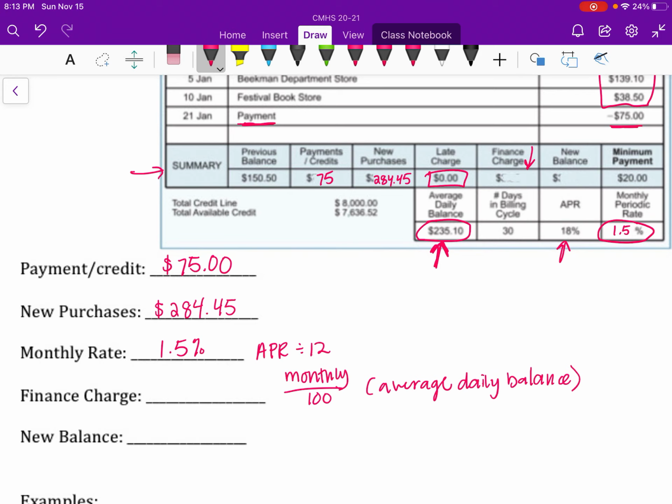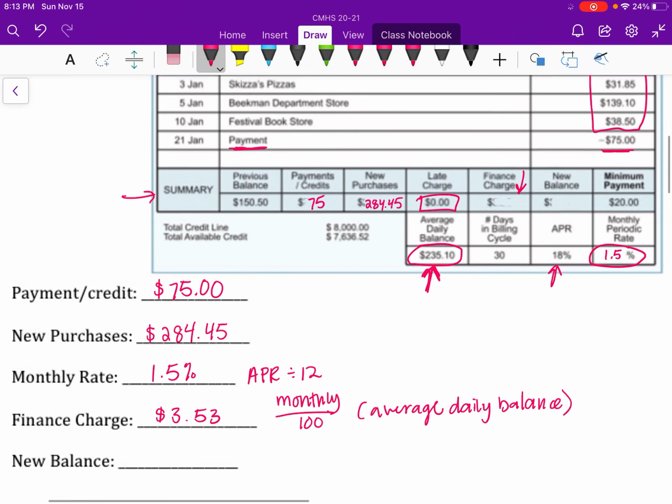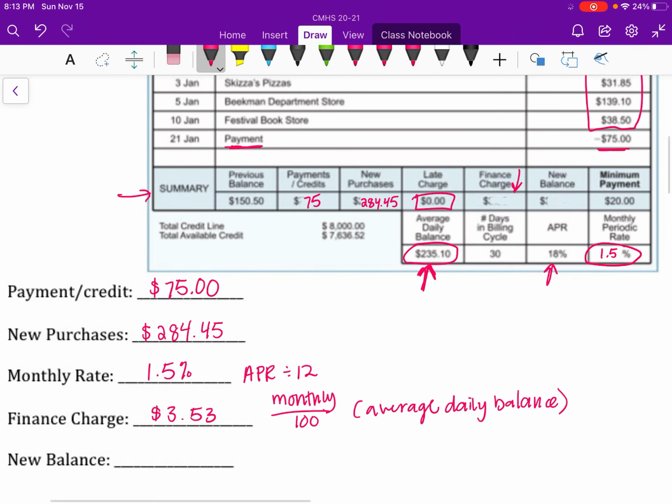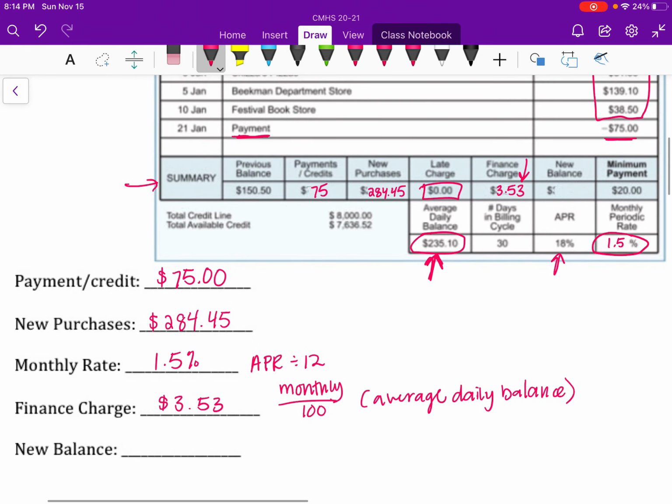So the monthly rate is 1.5 over 100 times 235.10, and that is $3.53. So pretty low finance charge. Remember, that is the interest plus late fees plus anything else. So I'm going to write it in here. $3.53. And now all that's left is to find the brand new balance.